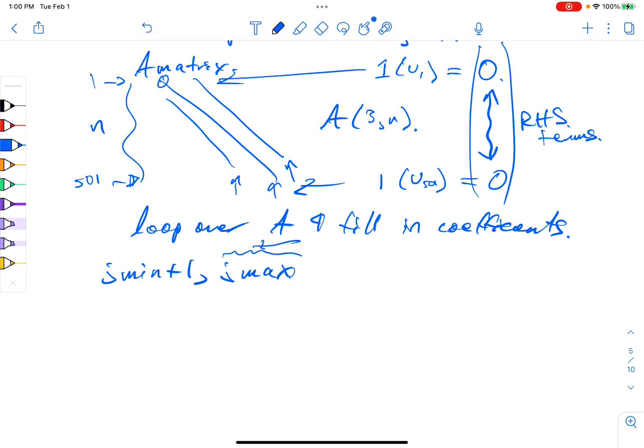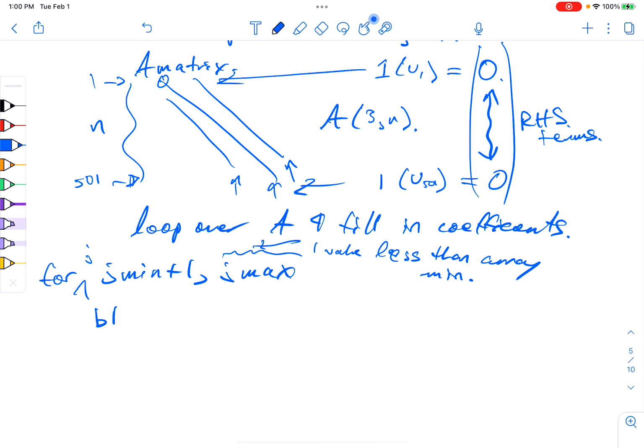This for loop over j, this is really one value less than array minimum. I hate that. That's one of those things in Python which was not developed very nicely for someone doing numerical solutions.